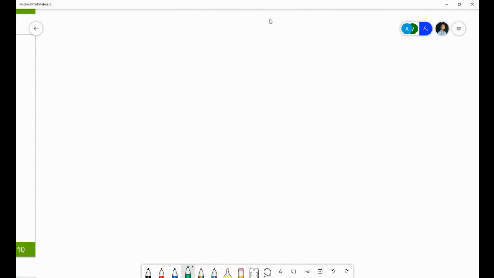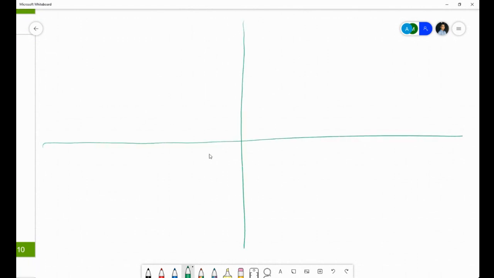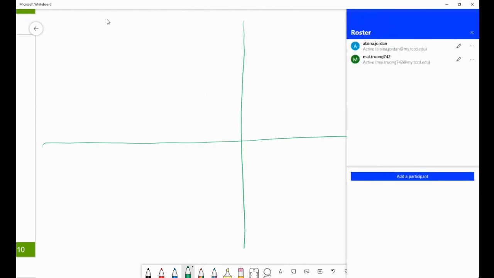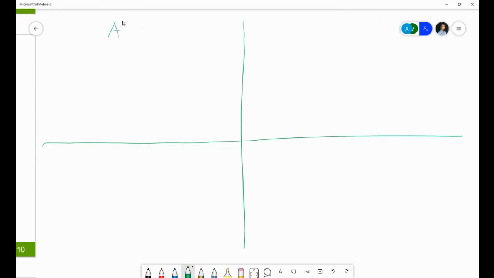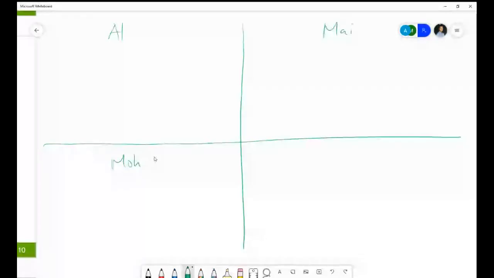Maybe I'll divide it into 4 for you, and then you just zoom in and try to sketch it. Just claim your spot. Maybe Elena will take this one. Mai take this one. Mohammed take this one. Mohammed, you can join us? I couldn't get to the whiteboard. Oh, okay.